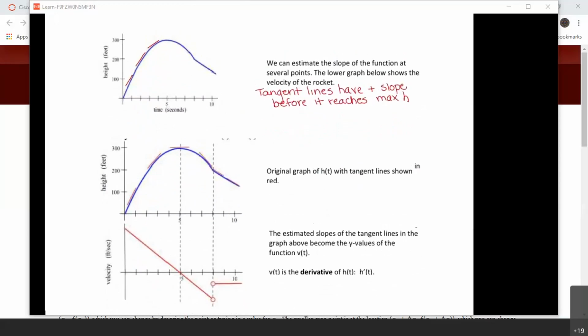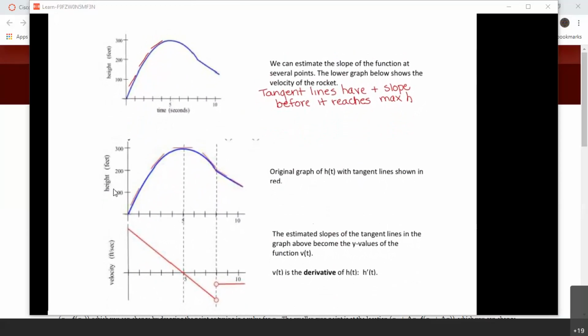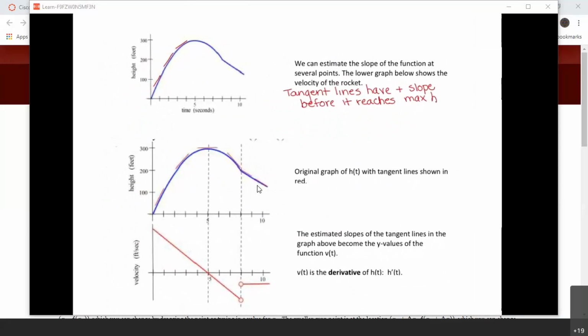So the tangent lines have positive slope, and you can see that down here. What's important to realize is right here up at the top, the slope is 0. So at the rocket's maximum height, the tangent line has a 0 slope.